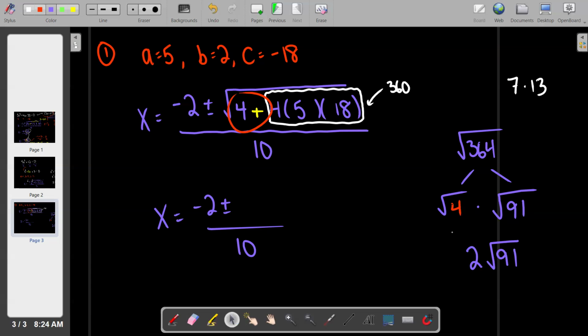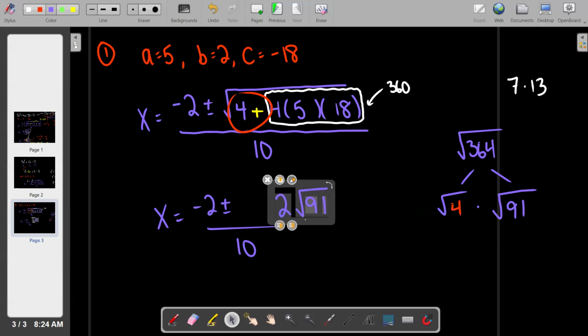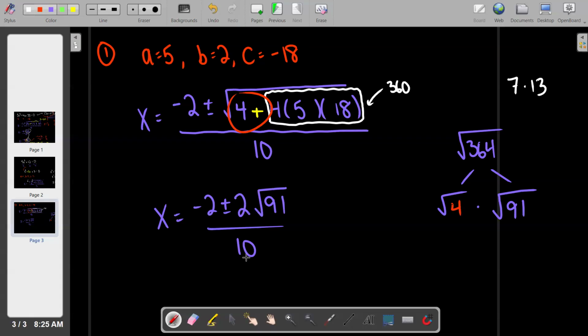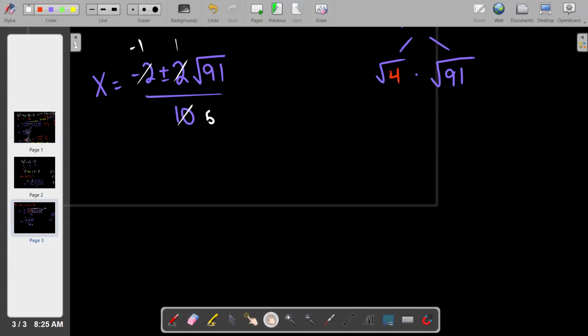So I'm going to take that 2 root 91 and pop it back in. And now the Dorito comes into play. What can all the numbers in the invisible Dorito be divided by? 2, which renders this as a -1, renders this as a 1, renders the 10 as a 5. What's my final answer?